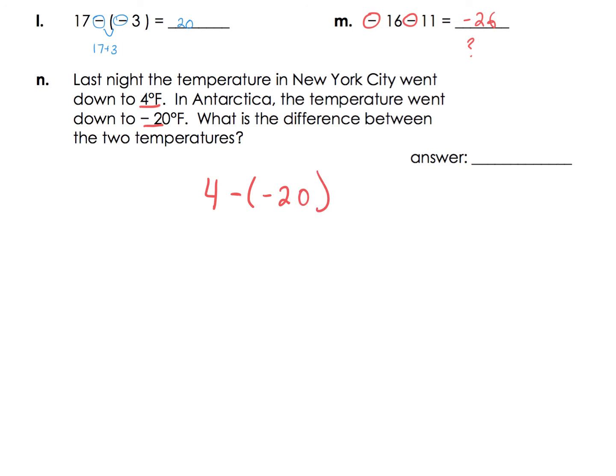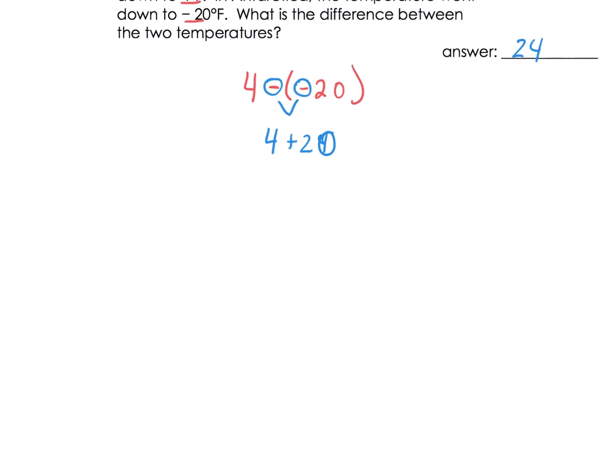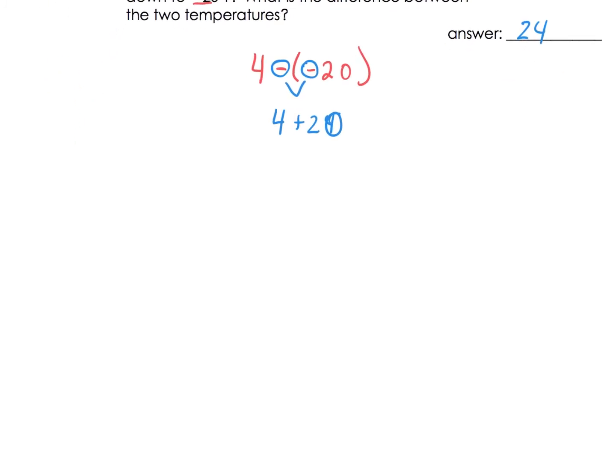So remember, a negative and a negative give me a positive. The difference would be 24 degrees.